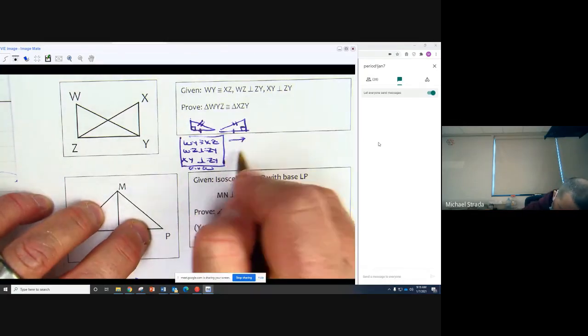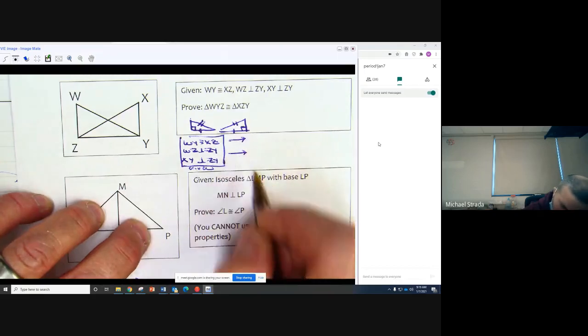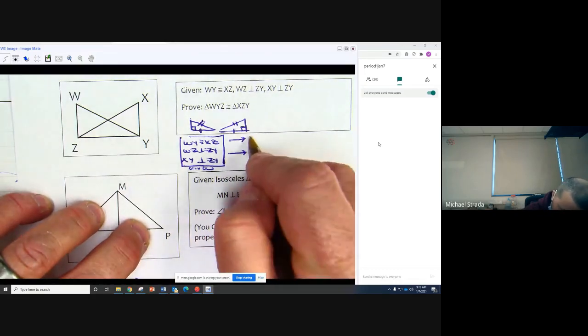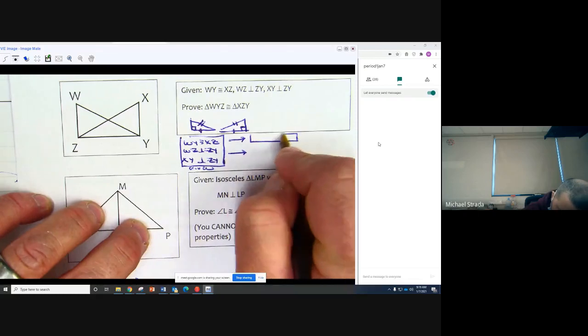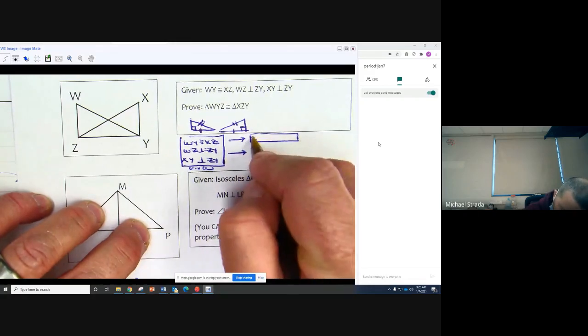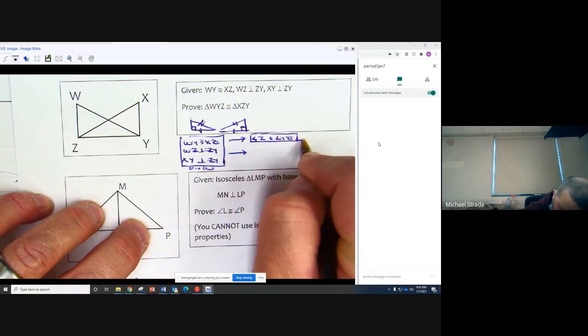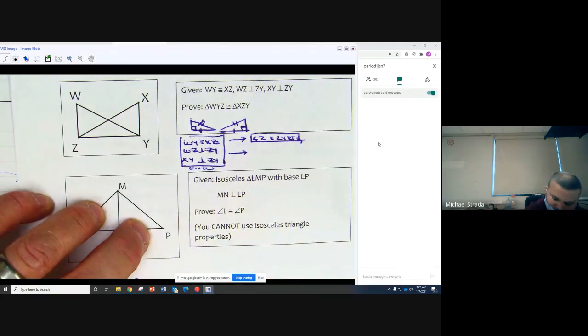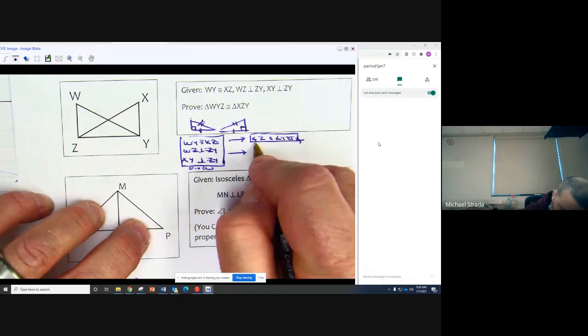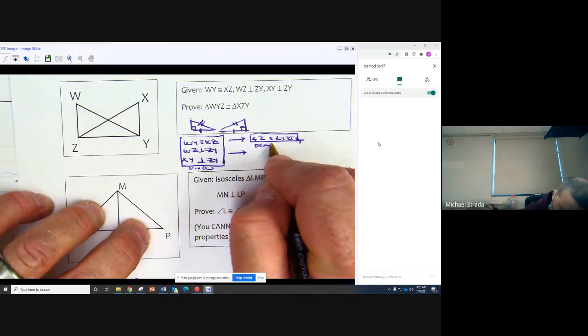From there, we have a couple things. Number one, angle Z and angle Y are right angles. Definition of perpendicular lines.